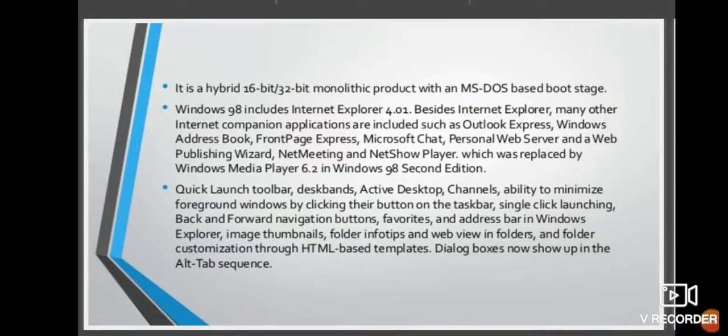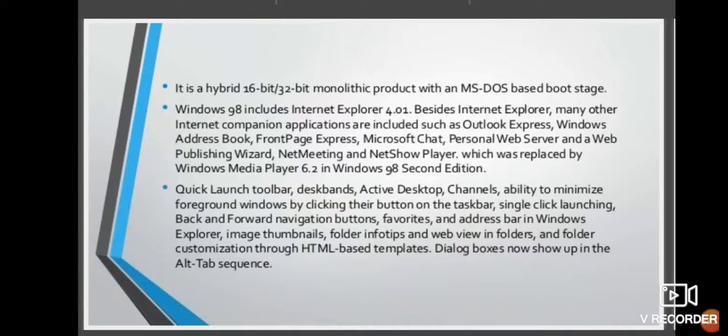Besides Internet Explorer, many other Internet companion applications were included, such as Outlook Express, Windows Address Book, FrontPage Express, Microsoft Chat, Personal Web Server, a Web Publishing Wizard, NetMeeting, and NetShow Player, which was replaced by Windows Media Player in the second edition of Windows 98. The Quick Launch toolbar, desktop, and many other features were included in Windows 98, and it also became a very popular operating system of that time.